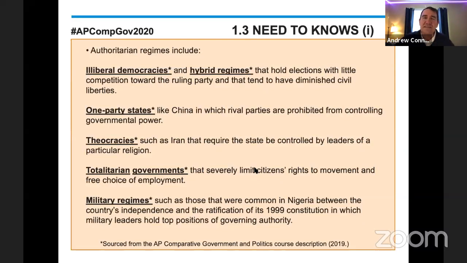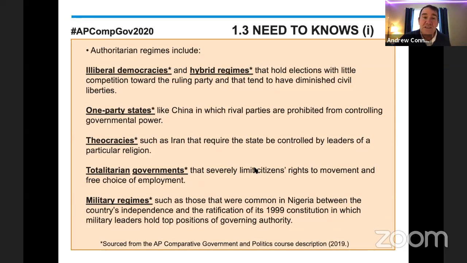We're going to look at in a later unit party systems and the difference between a one-party state like China, where only one party really has any power to rule, versus a more dominant party system where that one party seems to win the election all the time. There's a difference. So China is our one-party state where rivals are prohibited from controlling governmental power.